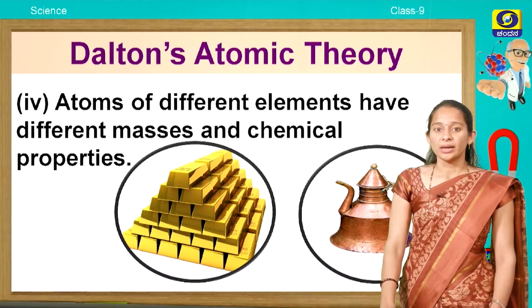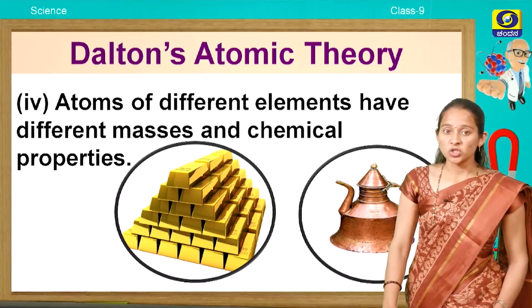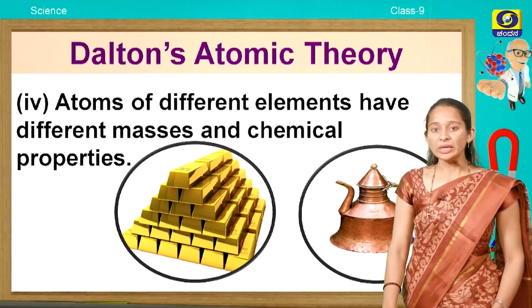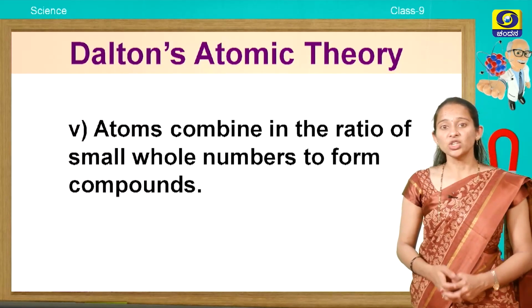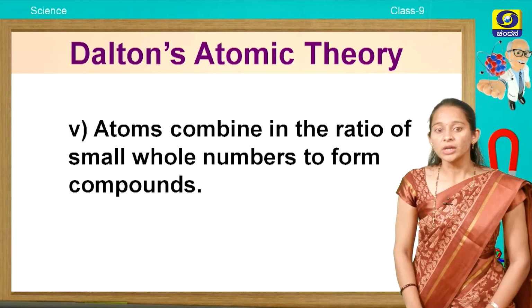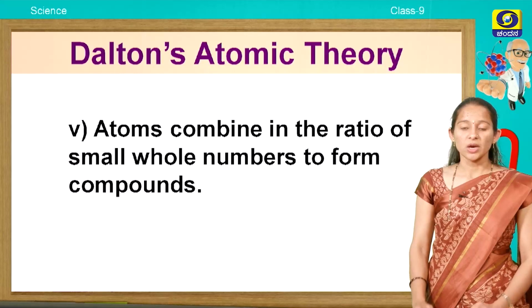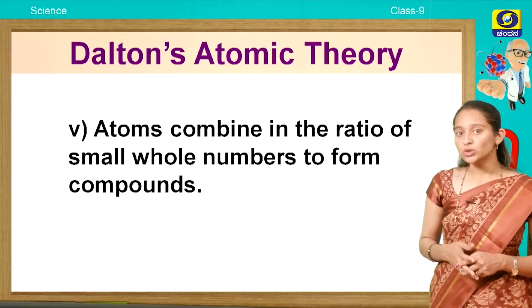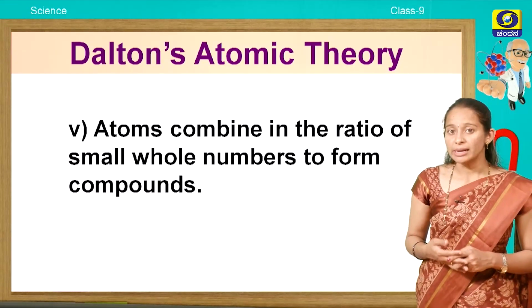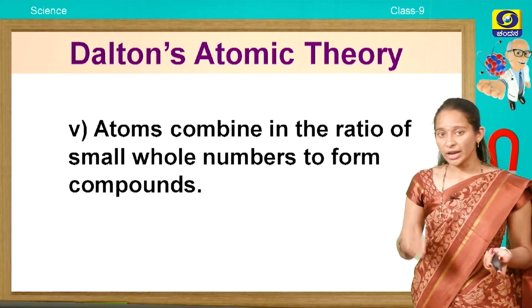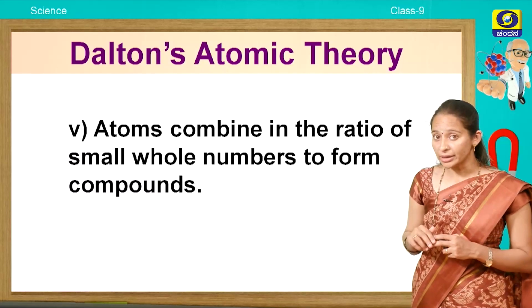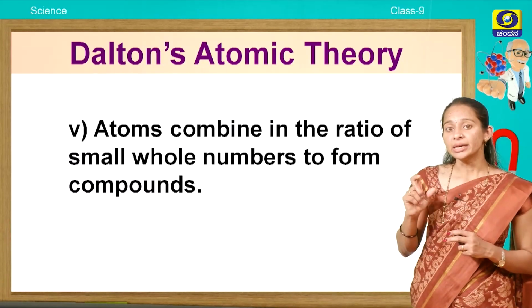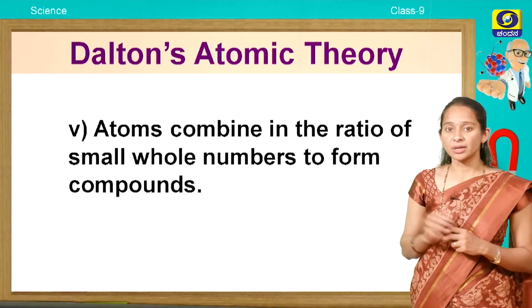So, atoms of different elements have different masses and chemical properties. Now, let us know about the next postulate of Dalton's atomic theory. He says that atoms combine in the ratio of small whole numbers to form compounds. Whenever atoms combine to form compounds, like hydrogen combining with oxygen to form a water molecule, they combine in definite whole numbers.